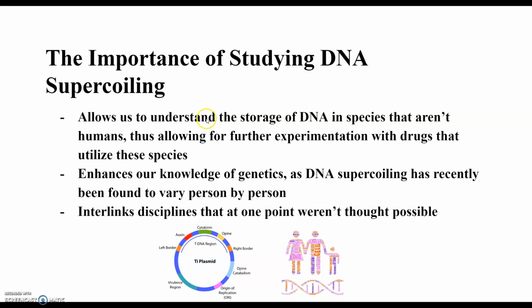And so then we get to the importance of studying DNA supercoiling. I just briefly went over supercoiling and the electrostatic potential that's involved in supercoiling. So really, what studying DNA supercoiling does is it allows us to understand the storage of DNA in species that aren't humans. What's been really common in the last decade is that scientists have been experimenting heavily with things that aren't humans, like E. coli, like I mentioned before.